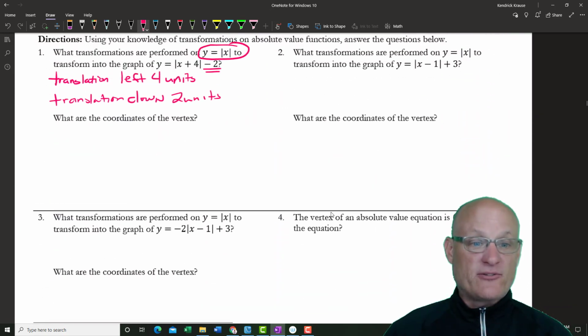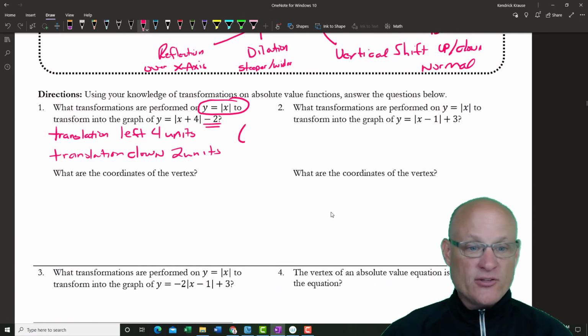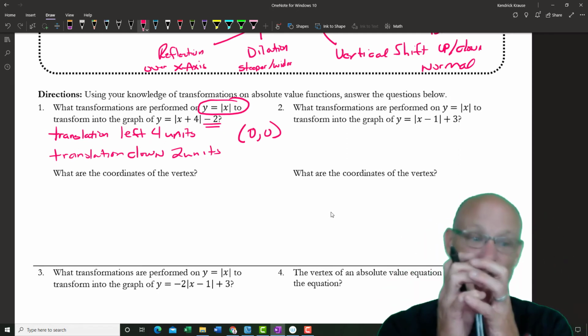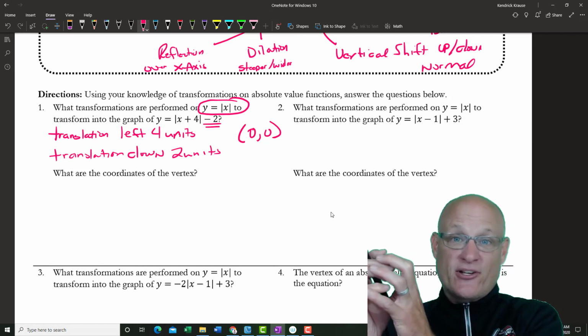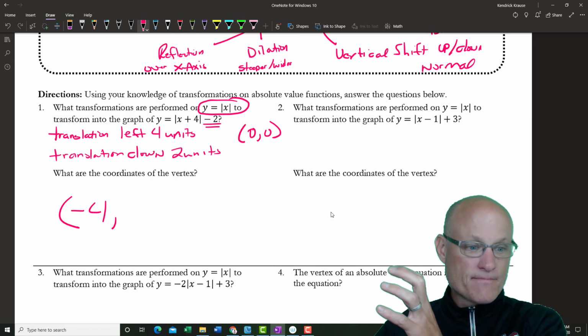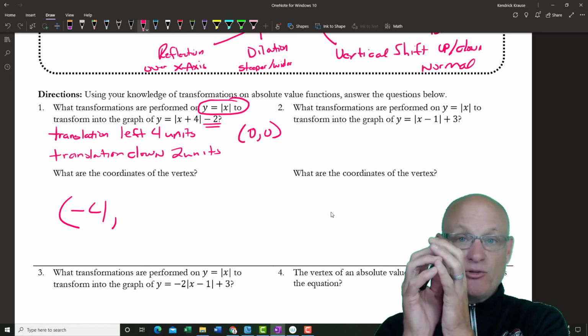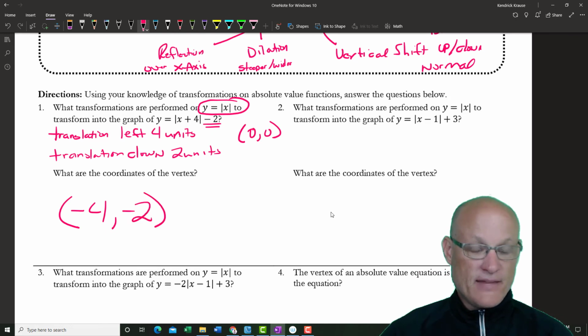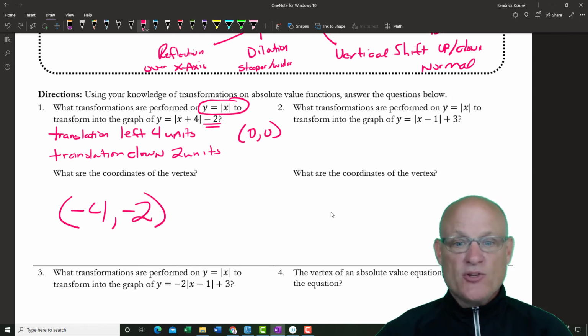The normal place of the vertex is 0, 0. That's the normal place for the vertex. Now, if I take that 0, 0 and I move it 4 units to the left, it's now at -4. And I moved it 2 units down, -2. And that's the vertex.